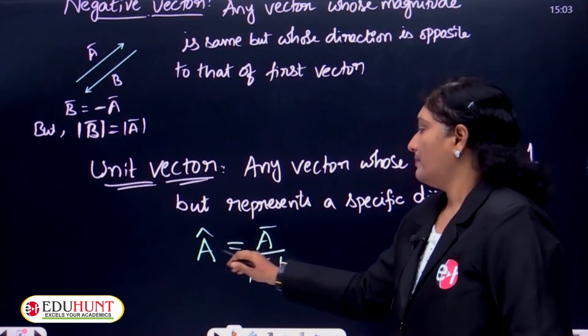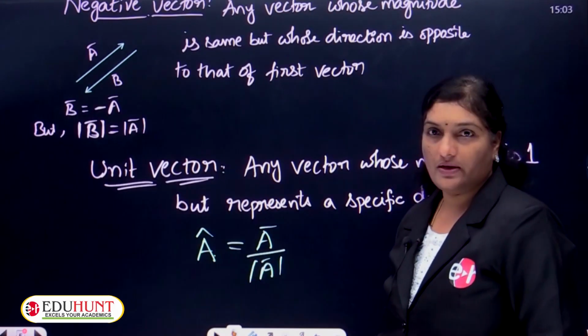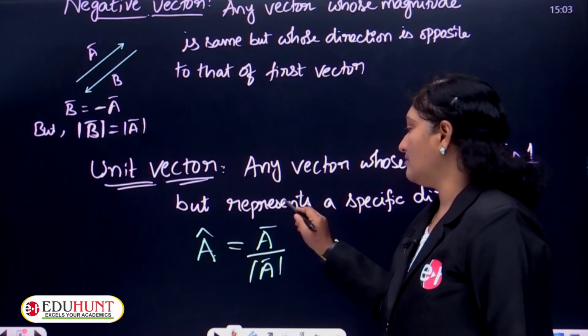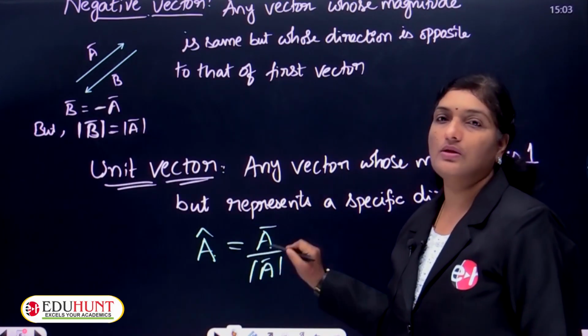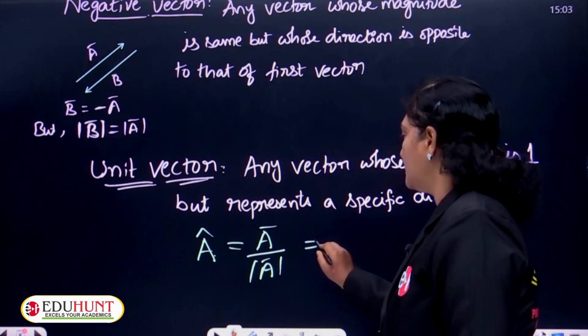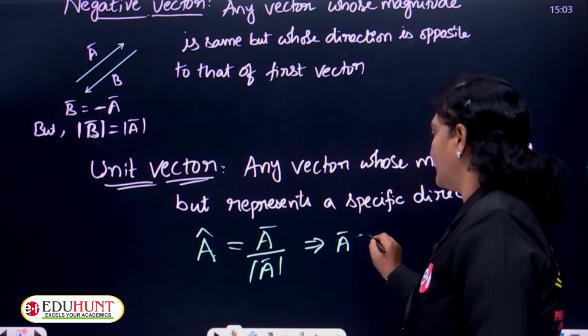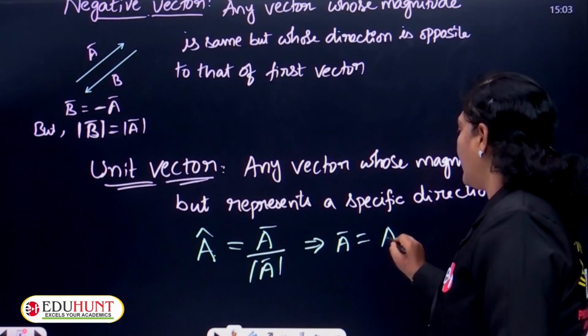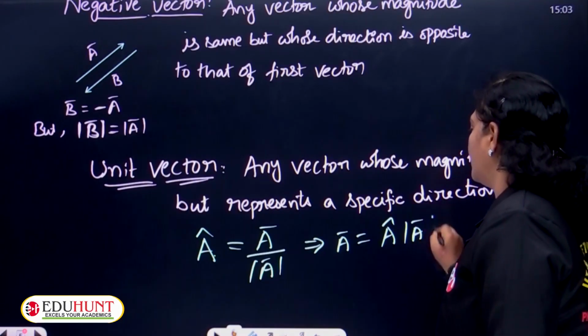So, A cap equals the given vector divided by the magnitude of the given vector. Or from this we can write the vector as A cap into the magnitude of A.